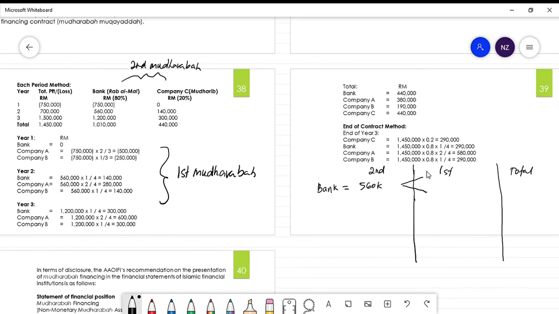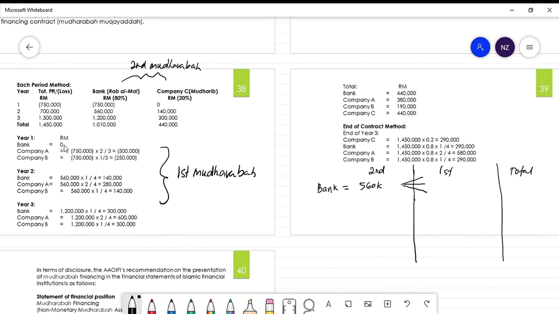So dia kena kongsi disebabkan oleh the first mudharabah tadilah. So dia punya profit 560 ni dah dipecahkan kan according to the second profit ratio. Okay, then kita dah kira tadi tu, kita pun kira untuk first mudharabah dia dapat berapa. Okay, untuk year pertama bank dapat kosong sebab untuk year pertama kan dapat losses kan.